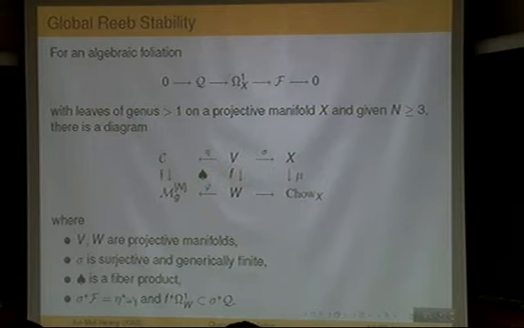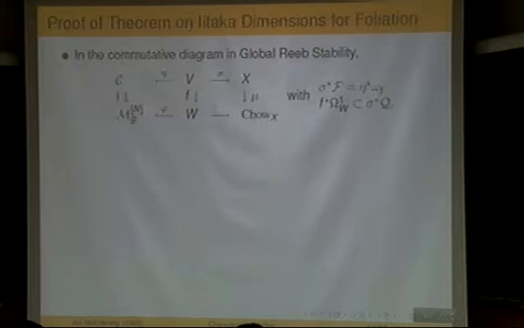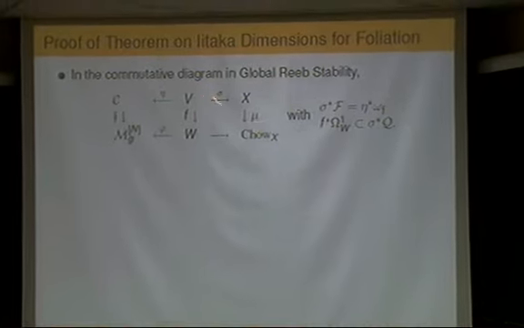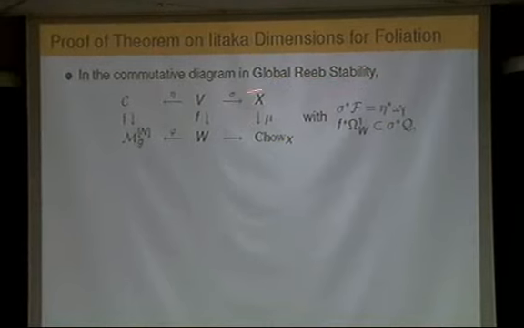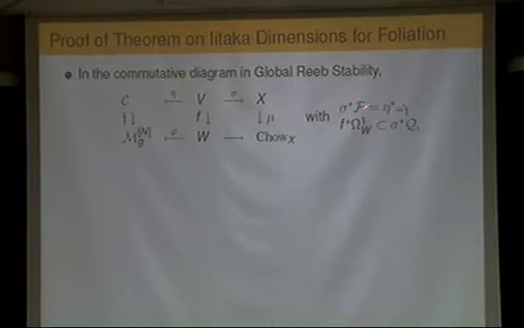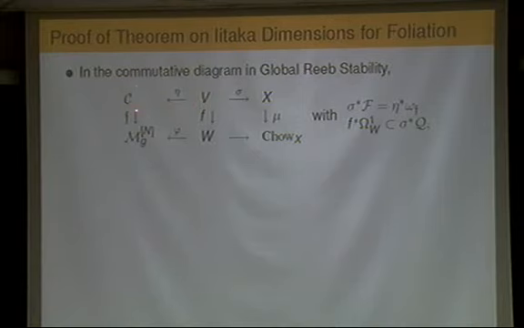Now, using this global structure theory, it's not difficult to prove the theorem. So let's give the proof. We are given a foliation, and we have this diagram where F is now the pullback of the relative dualizing sheaf of the universal family, and if you lift Q here, then it contains the sheaf of differentials, and they have the same rank.